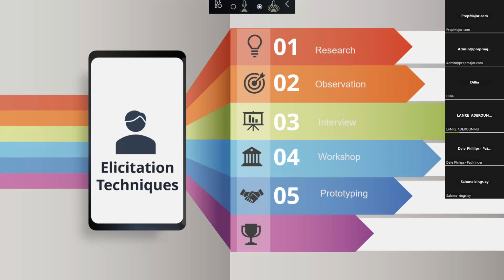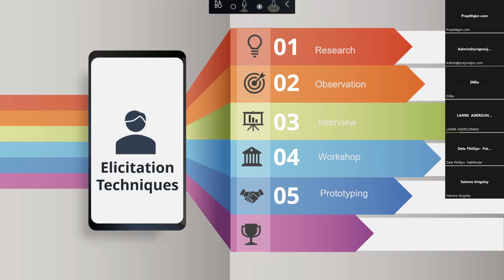Observation is, so, the example of the project that I was talking about, that Bukola had suggested to Dele. So Dele goes to Bukola's company and stays there for one day and sees how the users or the staff are using this particular sheet.